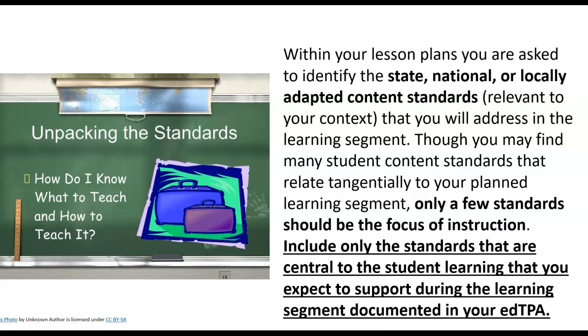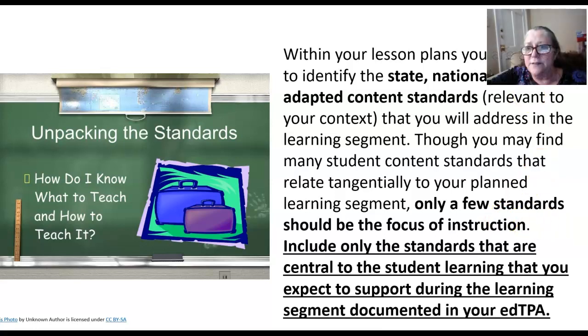But you don't want to be writing about several standards, and you want your instruction to be more focused than that. So it is very good advice that you use only a few standards that you're going to be focusing on in instruction.